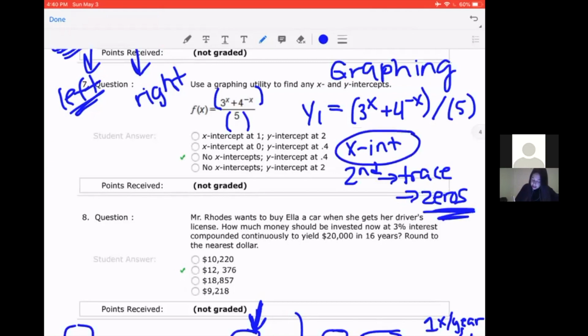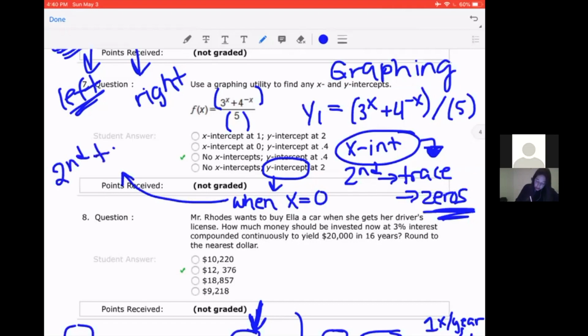So for the x-intercept, you do second trace, and then you find the zeros. For the y-intercept, this is when x equals 0. So you can either trace and just go on that y-axis to see where the intercept is, or you can also go to second table, all right? So for the y-intercept, if you wanted to go to second table and see where x equals 0, what's that y-intercept? You can do that as well.